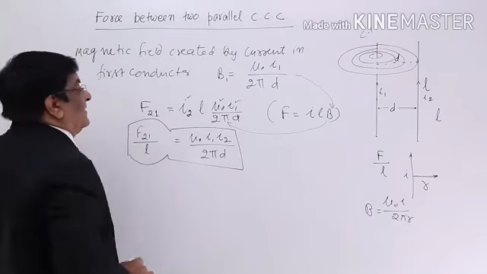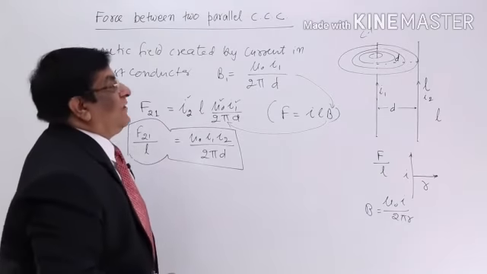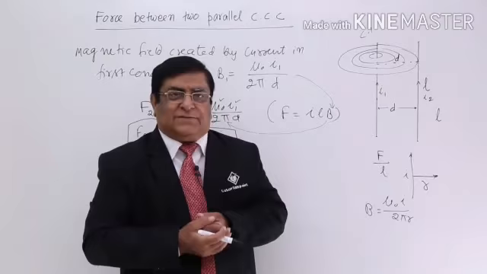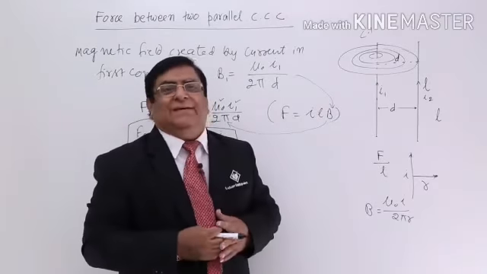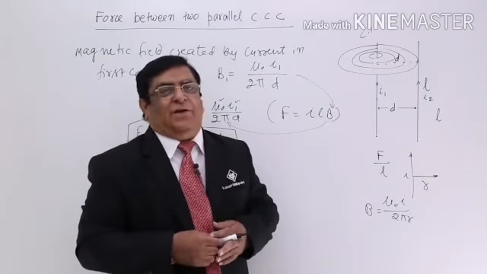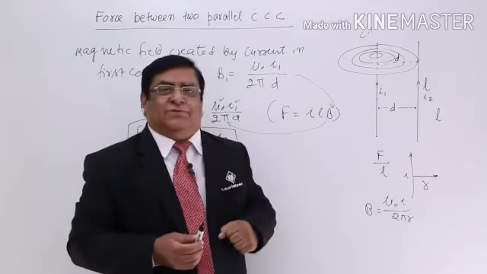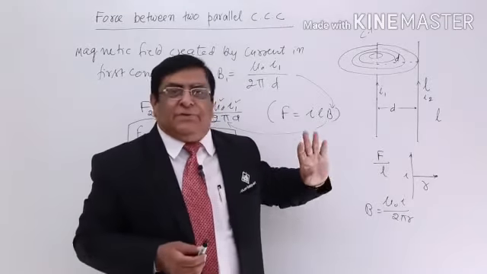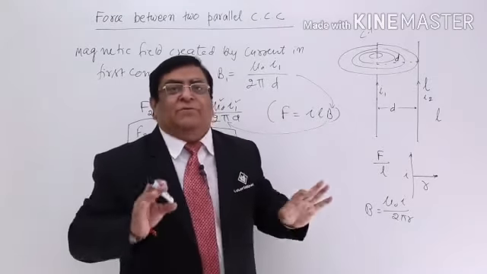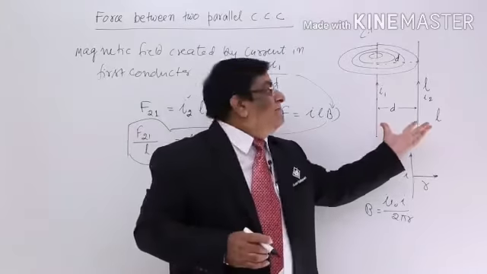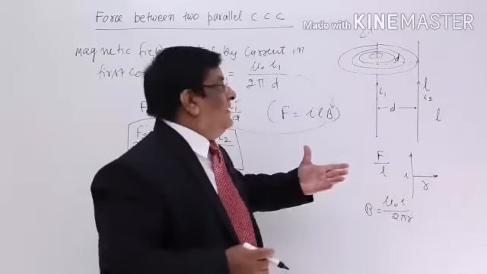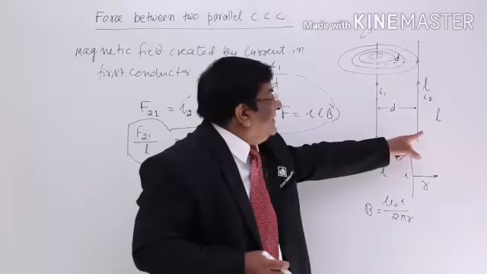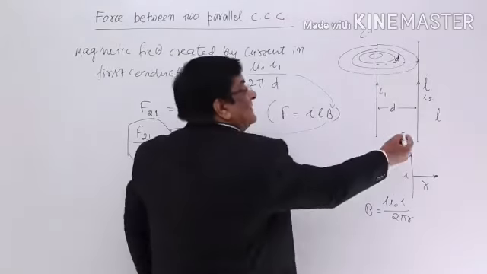Now what will be the force on the other conductor? It can be solved by two methods. One very simple way: according to Newton's third law, every action has an equal and opposite reaction, so this force should be the same as that force. But if you are not satisfied, we want to clarify it with the magnetic field, so we will do it. Now this conductor is lying in the magnetic field created by the first conductor.